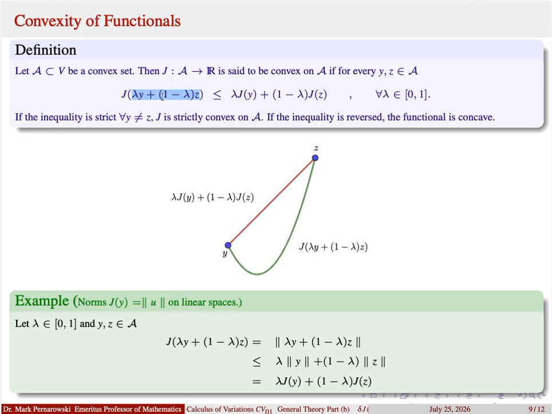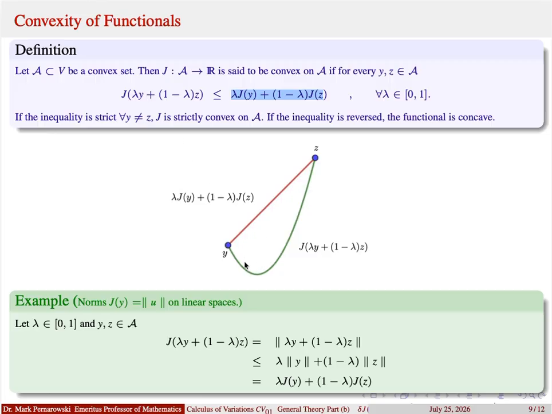So this is the line segment that resides in A, and I'm evaluating J on it. What I've got on the right is a little different. This is saying, what's the straight line from J of y to J of z? And this is saying that quantity, that straight line, is somehow above this thing.